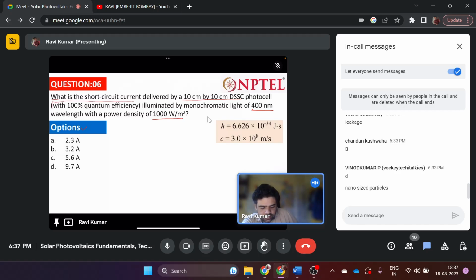It is saying 100% quantum efficiency. What does quantum efficiency mean? Let's say this is a solar cell and a photon is coming like this. This photon will generate an electron. So 100% efficiency means the number of photons will be equal to the number of electrons. This means 100% quantum efficiency.